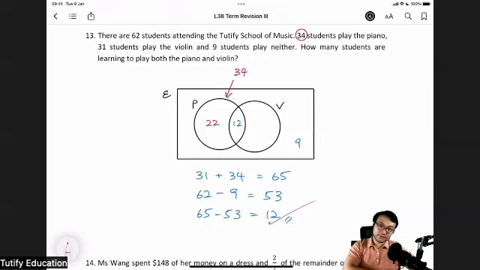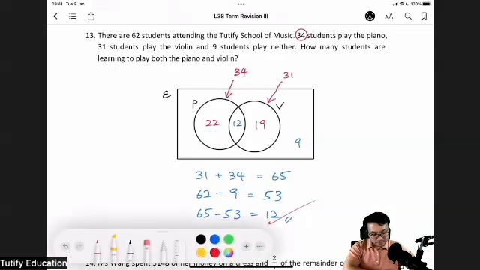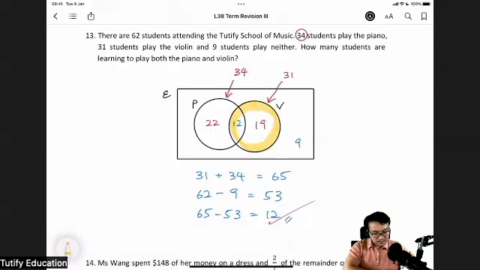You already have 12, and therefore, the remainder is 22. What about here, Talia? 19. Good. So when you add up the numbers within the circle here, you will still end up getting 31. Okay, good job, Talia.